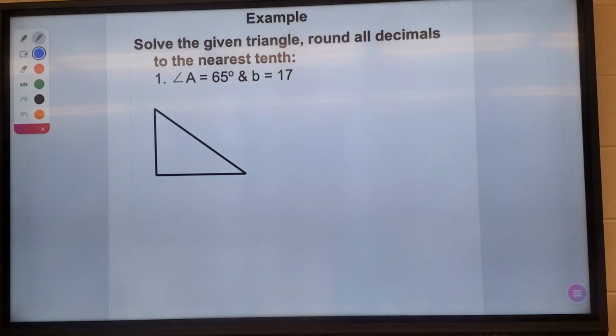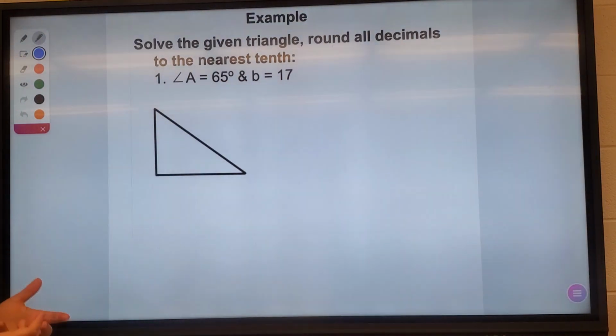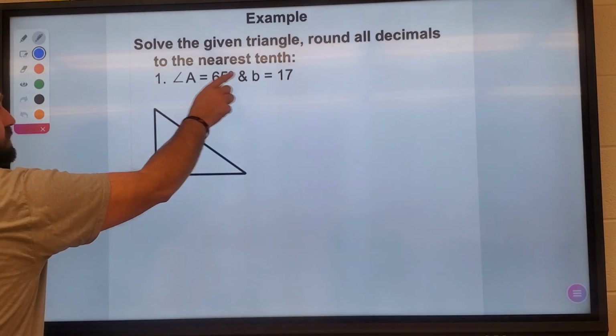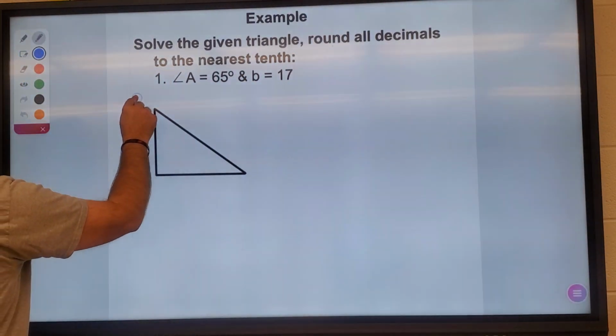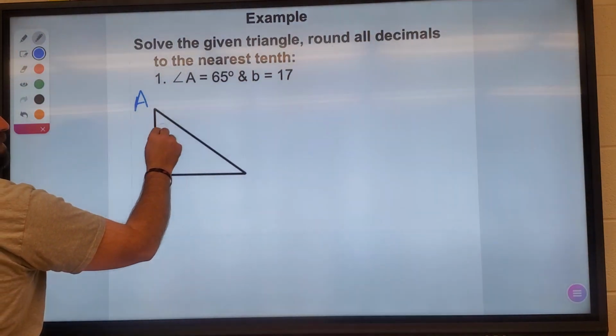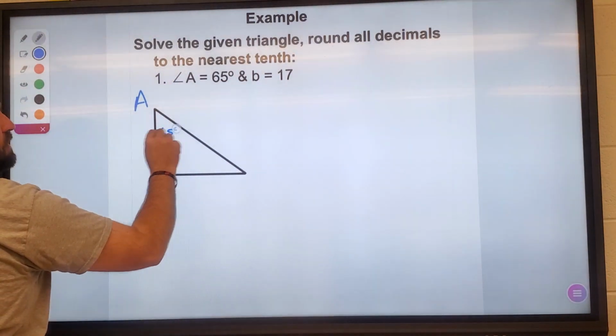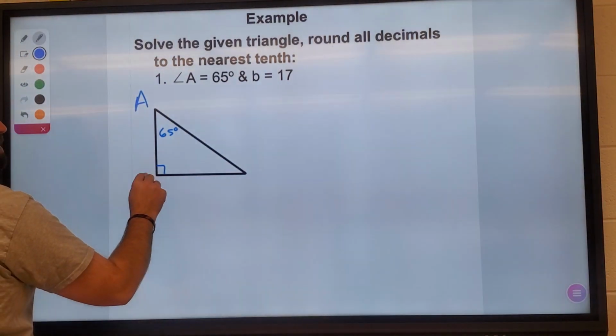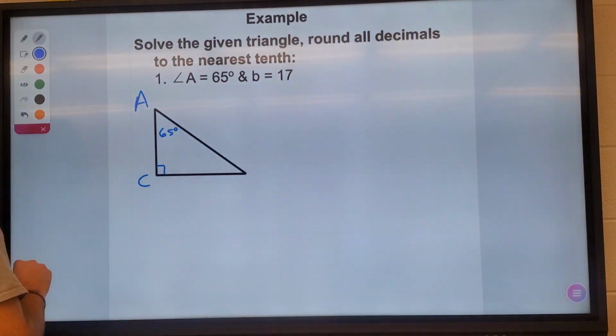Okay, so I'm going to identify the things that were given here and label the triangle. Again, you do not have to label the triangle. You can do it if you feel free to. I'm going to do it in 2 different colors to identify what we have, what we don't have, and what we need. So we have angle A at 65 degrees. We also know angle C is my right angle.